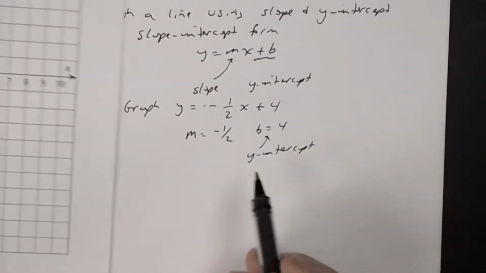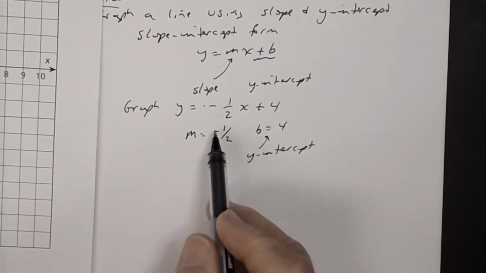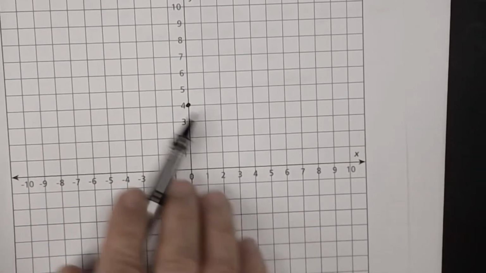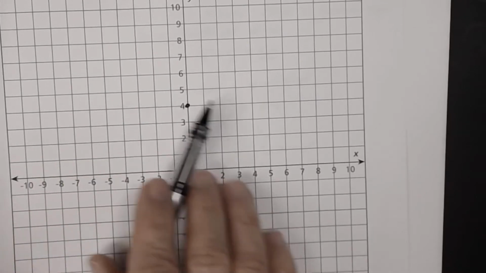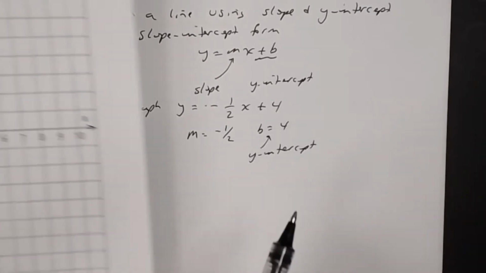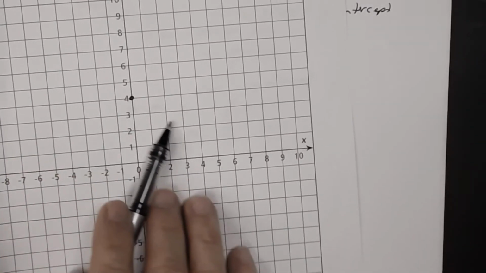Now the fact that your slope is negative, remember, if the slope is negative, that means that your line is falling. So it's going down like this. If the slope were positive, remember, your line is rising. So the fact that my slope is negative, I know I better get a line that falls.